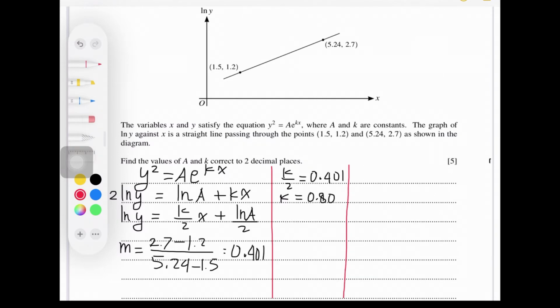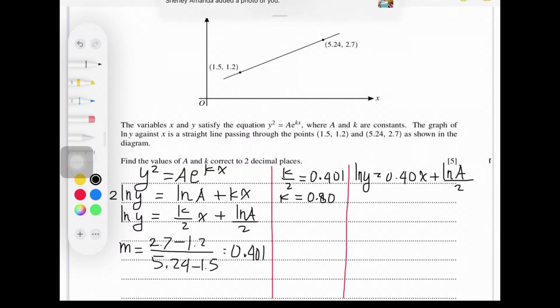So now the equation, substituting the value of k, becomes ln y is equal to 0.40x plus ln a divided by 2.